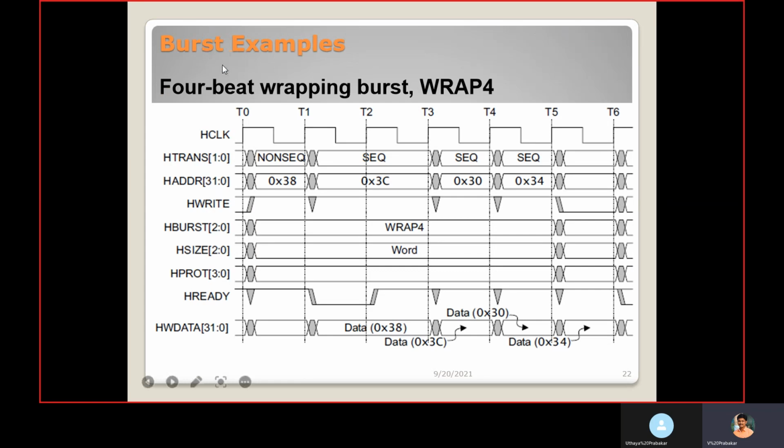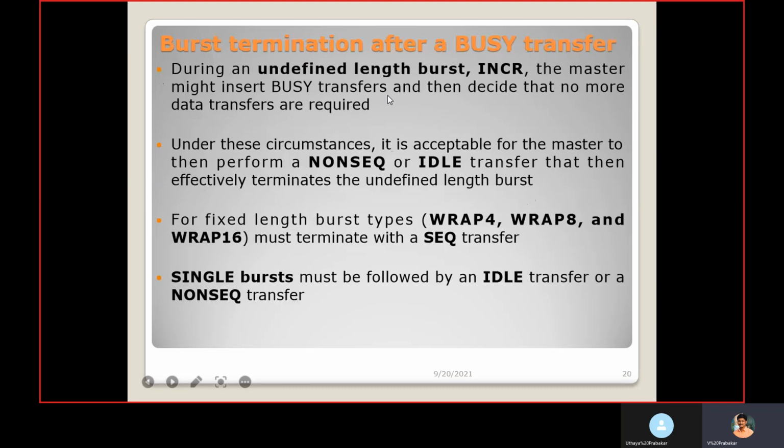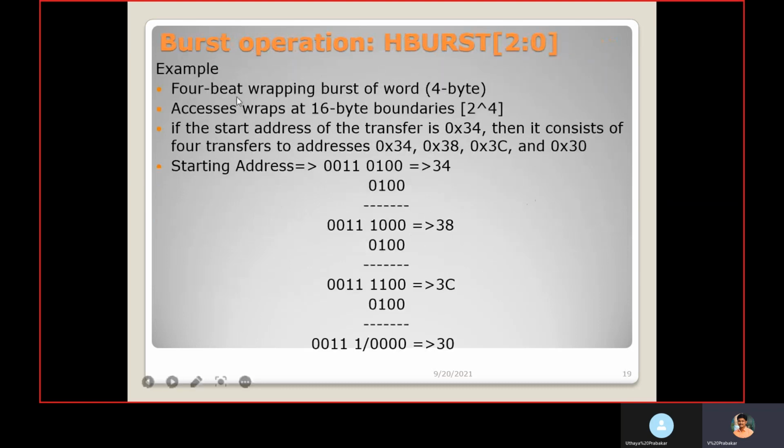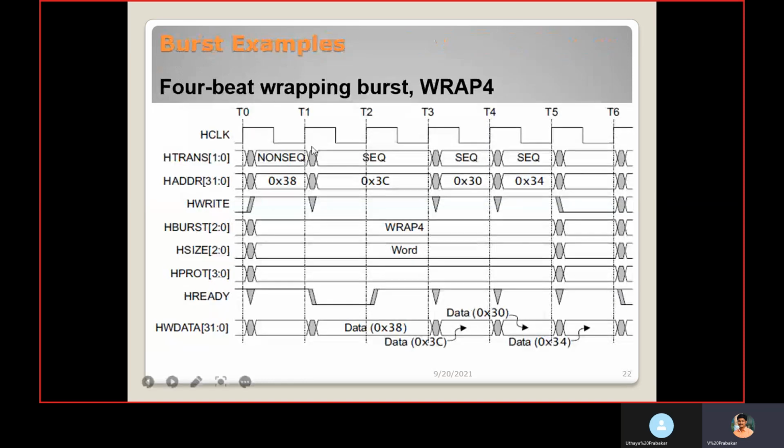So here we are going to see some examples of burst transfer. A 4-beat wrap burst, which I explained here. In this example, we perform a 4-beat wrap burst of size word. The same thing is explained in the waveform: 4-beat wrap burst, WRAP4.